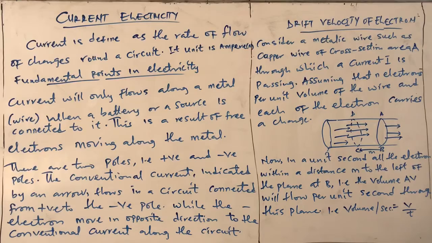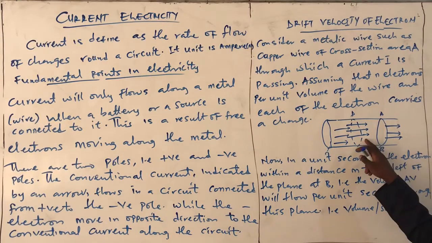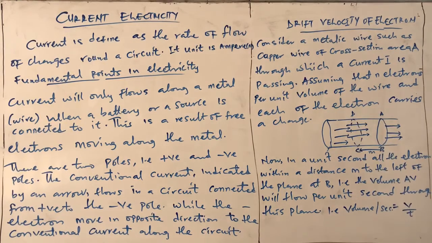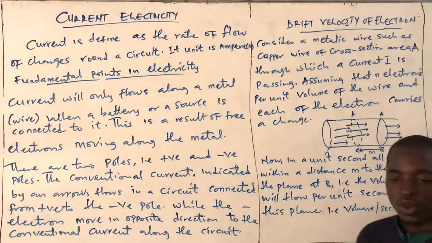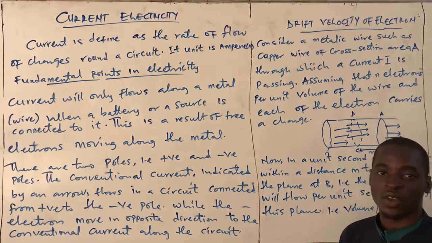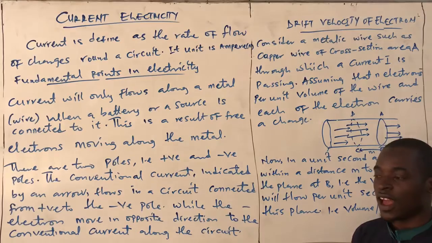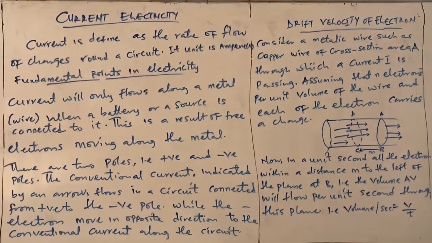And we should have n numbers of electrons, because in olden days, from the definition of the atom, we always said an atom can neither be created nor destroyed, but can be transformed from one form to another.